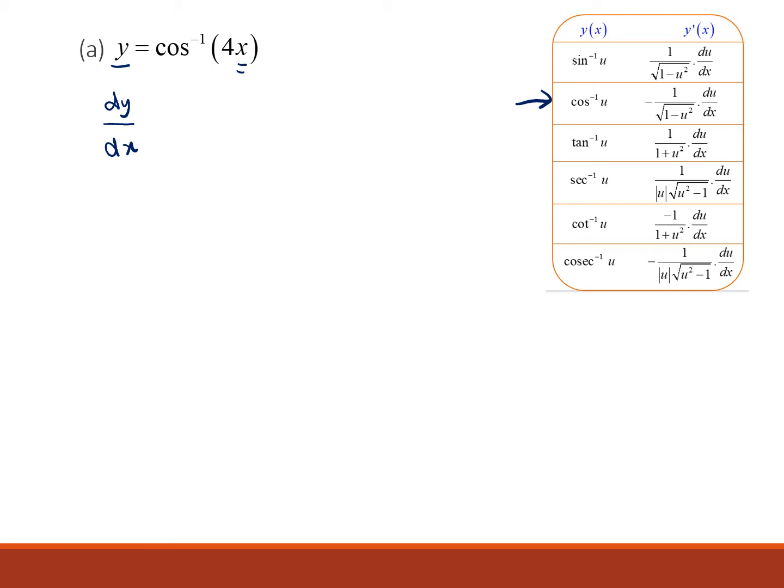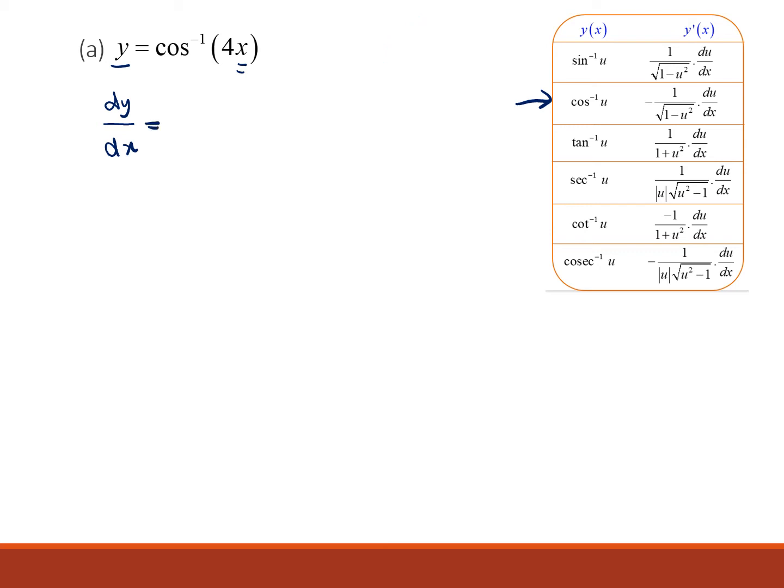So let's say your question is y equals arccos of 4u. Then it will be dy over du, because our y is in terms of u. Okay, so now let us go back to our question.